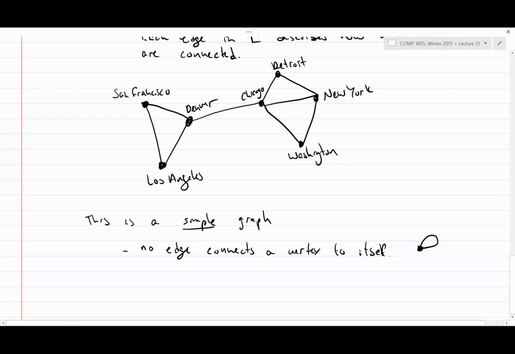Other types of graphs allow it, and I'll say some of the different types of graphs soon. So this is a simple graph because that's not allowed, and because there's only one edge between two vertices. So I never have a situation like this.